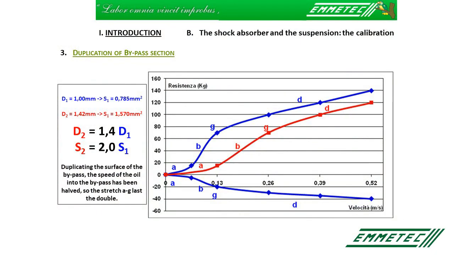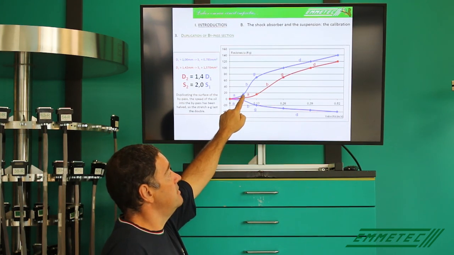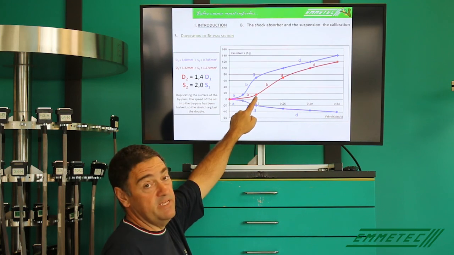It means that if the flow is the same, having double the area, the speed of the oil will be half. So we will have the same resistance but at double the speed.